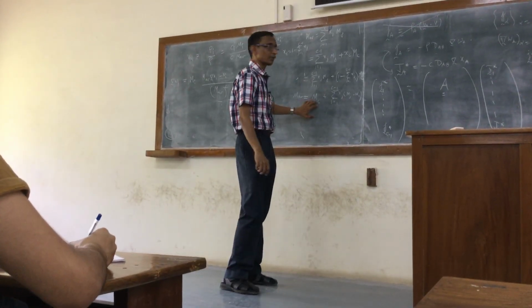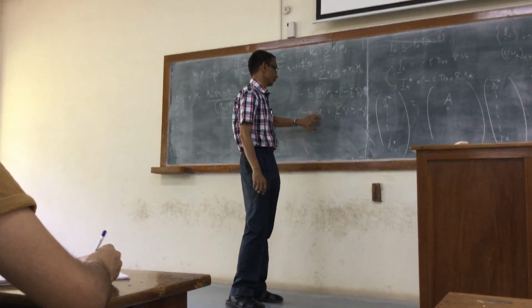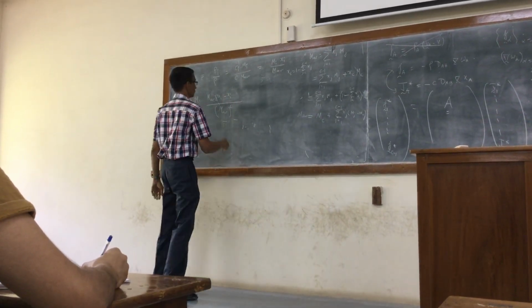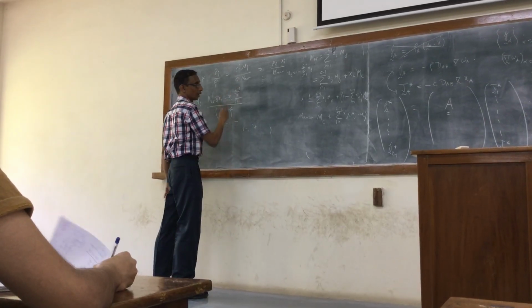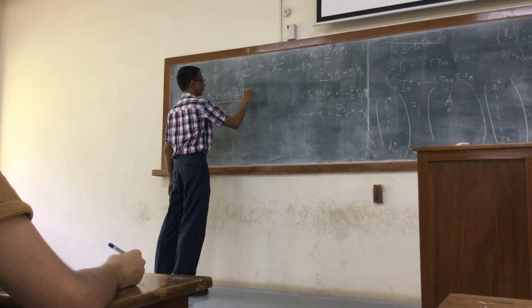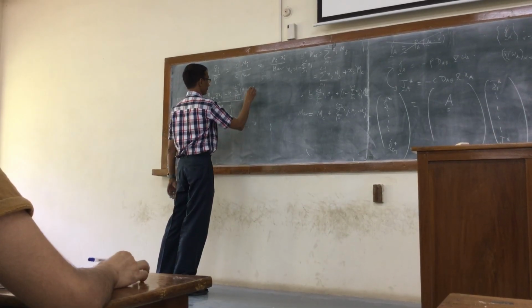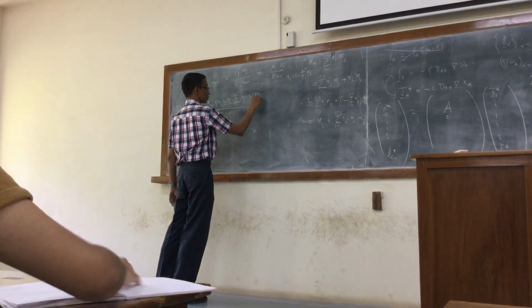The gradient of M average would be the sum over j equal to 1 to C minus 1 of (Mj minus Mc) times the gradient of Xj.